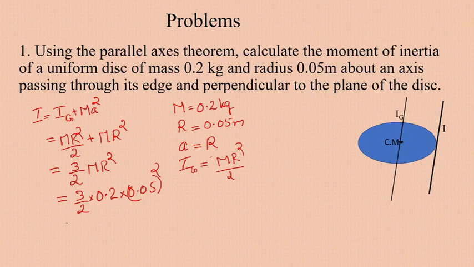You can do the rest of the calculation and find the value of I. So that is equal to 7.5 into 10 raised to negative 4. What is the unit of moment of inertia? That is kilogram meter square.